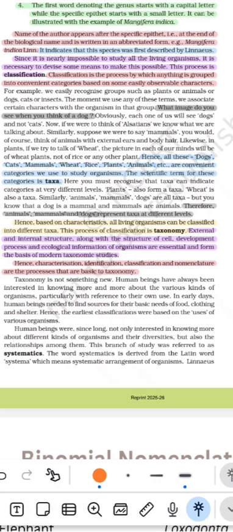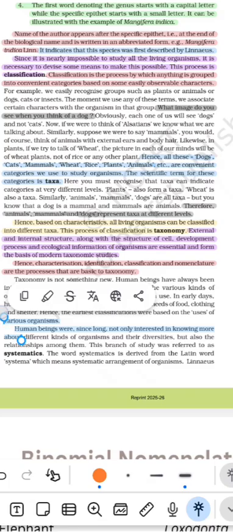Hence, the earliest classifications were based on the use of various organisms. And here we got the word systematics. So please underline what is systematics.